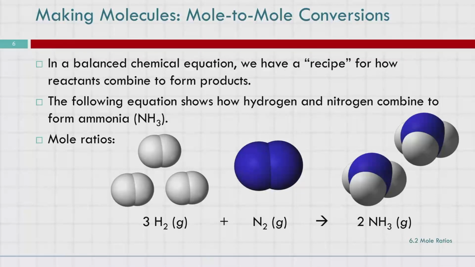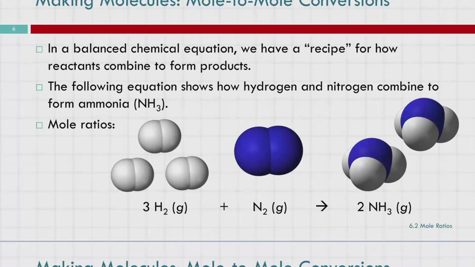So this is effectively a recipe for how we can combine our hydrogen and our nitrogen and make ammonia. Anytime that we're doing stoichiometry, we need a balanced chemical equation. It has to be balanced, otherwise we'll get the wrong answer some of the time. So we've got a balanced chemical reaction.